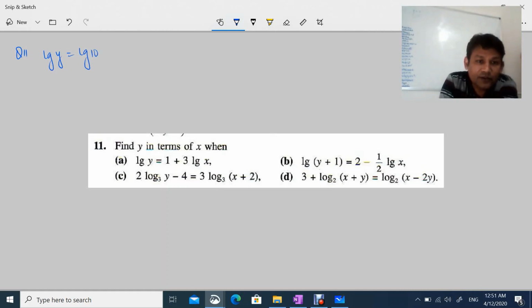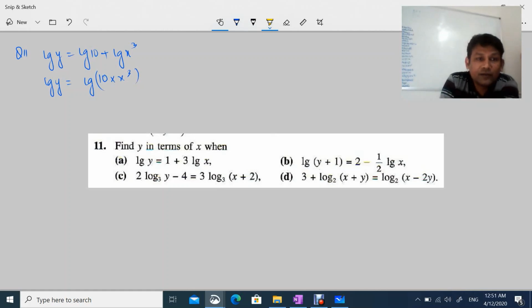Suppose we have log 2 here, I have to write log_2 2 because I want the same base here. That's why I will write lg 10 plus 3 lg x, I can write lg x to the power cube. Can you write a single log on the right hand side? Okay, single log is lg of 10 multiplied by x cube.